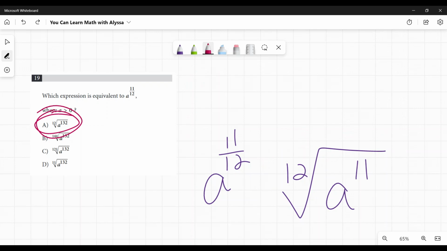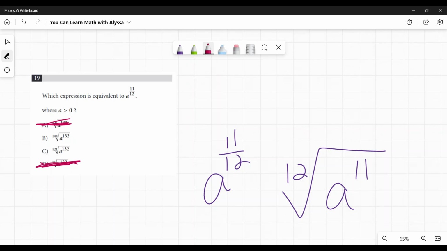And this one has the 12th root, but the exponent 132 does not match 11. So these are out. What am I left with? The 144th root of a to the power of 132, or the 121st root of a to the power of 132. In both cases, I have a to the power of 132 inside.